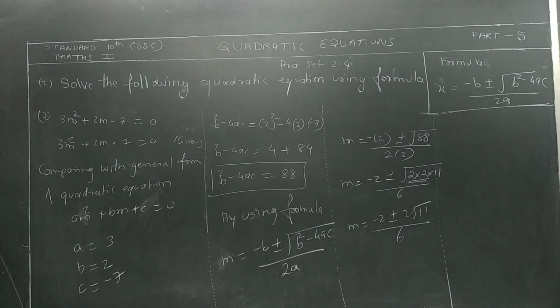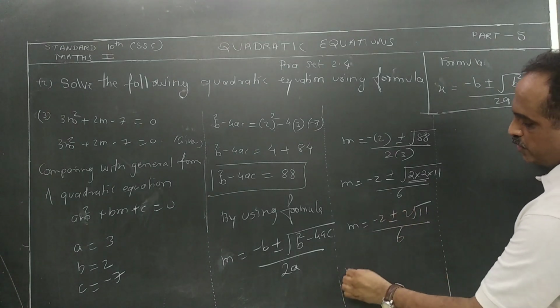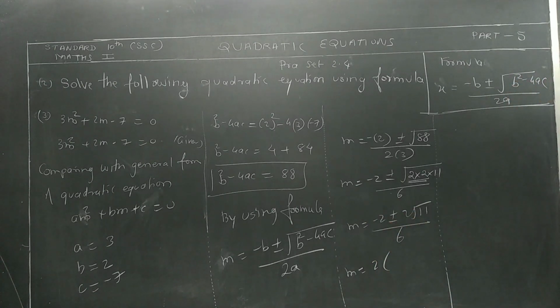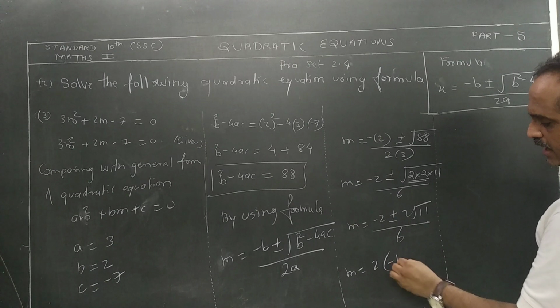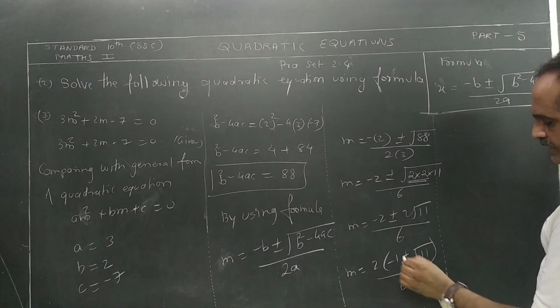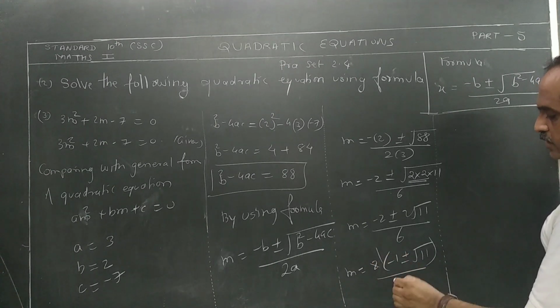m is equal to minus 2 plus or minus 2 root 11 upon 6. But student, now here it is 2, again it is 2. So you are going to take 2 common. If I am taking 2 common, inside the bracket it will be minus 1 plus or minus root 11 upon 6. So 2 ones are, 2 threes are.